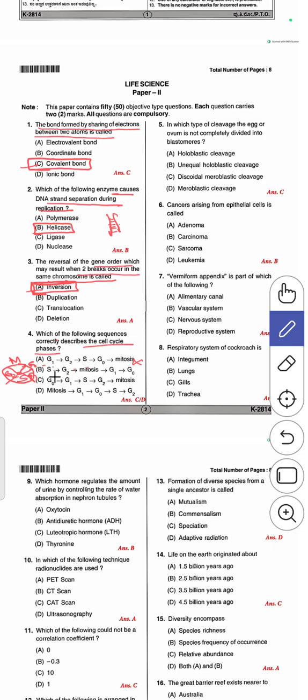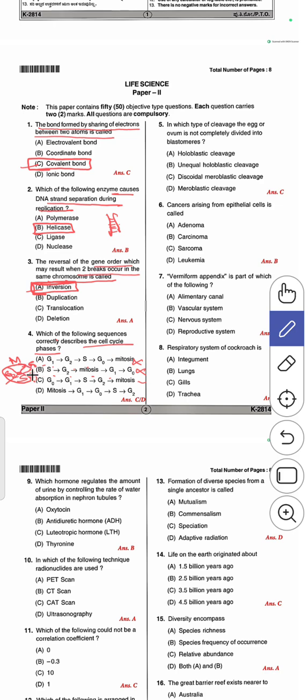B: S, G2, mitosis, G1, G0. This is also wrong. Instead of G1, if they had given G0, G1, then it would have been correct. C: G0, G1, S, G2, mitosis. This is right.